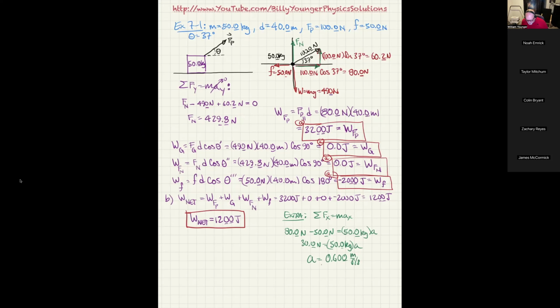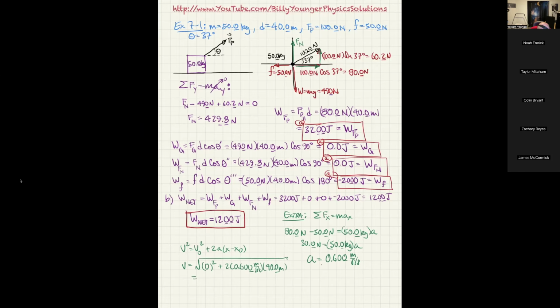So there's my acceleration. Now, if I use v squared is equal to v0 squared plus 2a times x minus x0, I could find what the final velocity would be. The final velocity would be the square root of, we're assuming it started from rest, so the initial velocity is 0, plus 2 times 0.600 meters per second squared. Now the x minus x0 is the 40.0 meters.